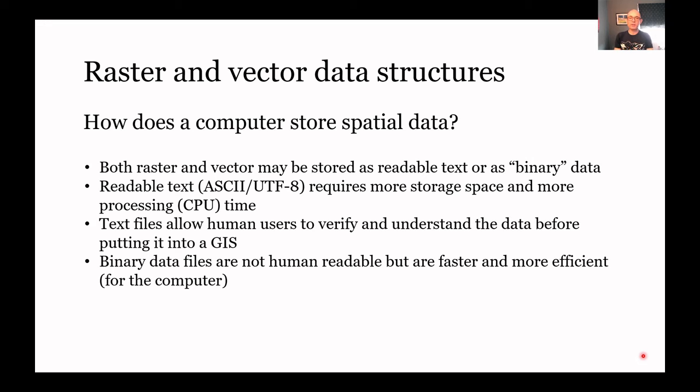Whereas if we have a text file, an ASCII or UTF-8 file, we can read it. We can open that file in a text editor. We can create the file in a text editor and start writing text. And we'll be able to read it and understand it. Unfortunately, the computer has to then do a lot more work in order to start working with that data, to manipulate it, to visualize it, because it needs to first look up what the string of text means.